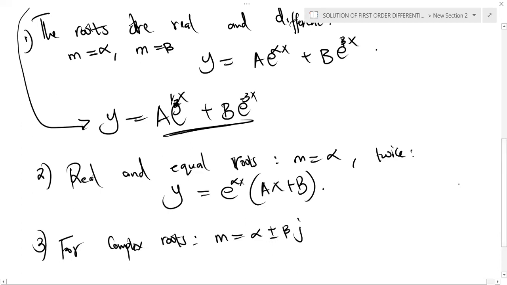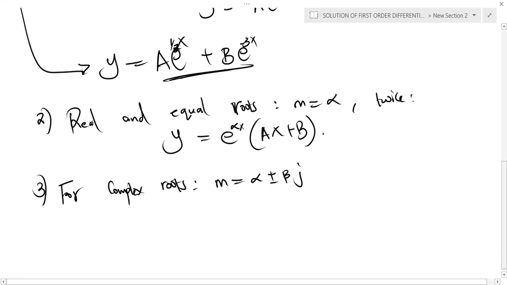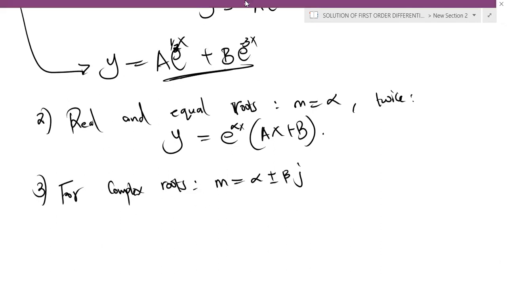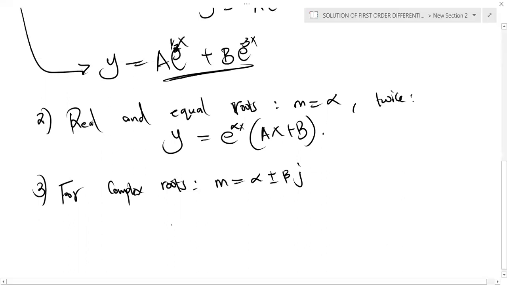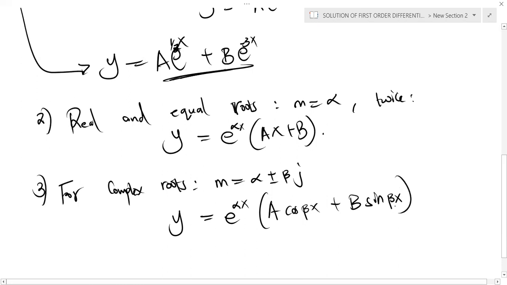Then your general solution y will be given by e^(alpha x), where alpha is the real part, times (A cos beta x + B sin beta x), where beta is the imaginary part. Now note that this is the general solution.